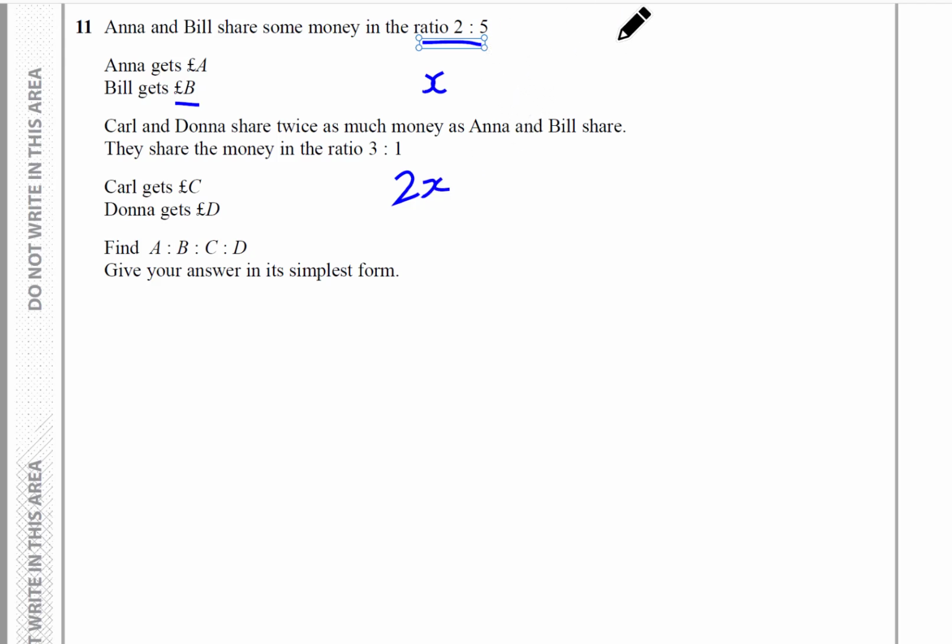So as a fraction, Anna, hopefully this makes sense, she gets 2 out of 7 times X money out of this first bunch, because X is the mystery amount of money. And then Bill gets 5 out of 7 times X as a fraction.